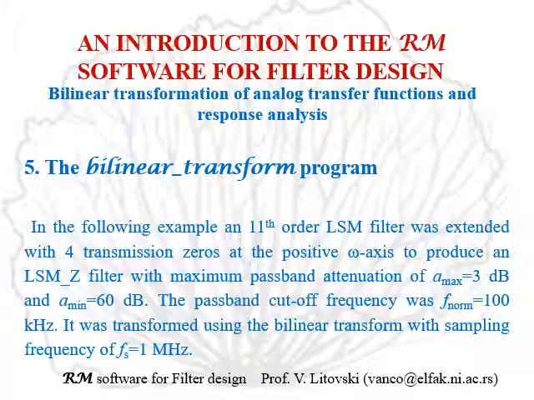As an example of implementation of the bilinear transform program, we will here show an 11th order LSM filter with 4 transmission zeros at the positive omega axis, with 3 dB passband attenuation, 60 dB minimal stopband attenuation, central cutoff frequency of 100 kilohertz, and sampling frequency of 1 megahertz.